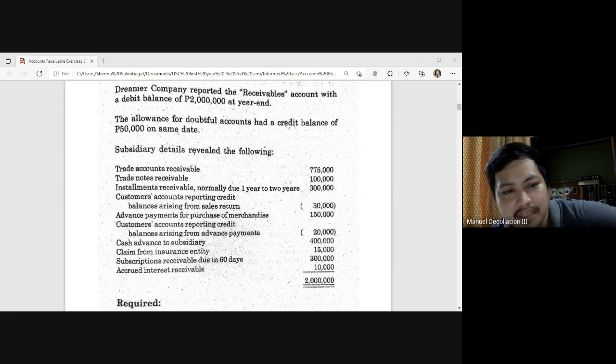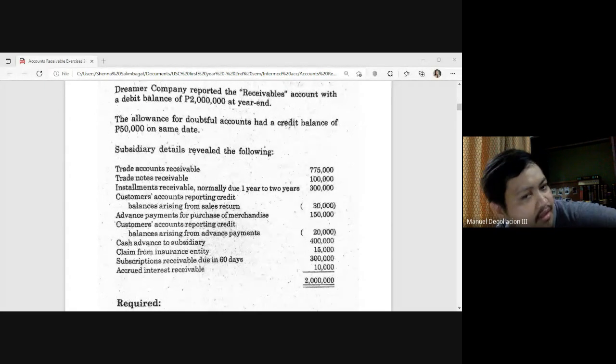Because of course, our normal expectation is if it is expected to be collected within 12 months, obviously current. And if it's not expected to be collected within 12 months, then obviously non-current. But subscriptions receivable is unique. Okay? By the way, where will your subscriptions receivable come from, class?